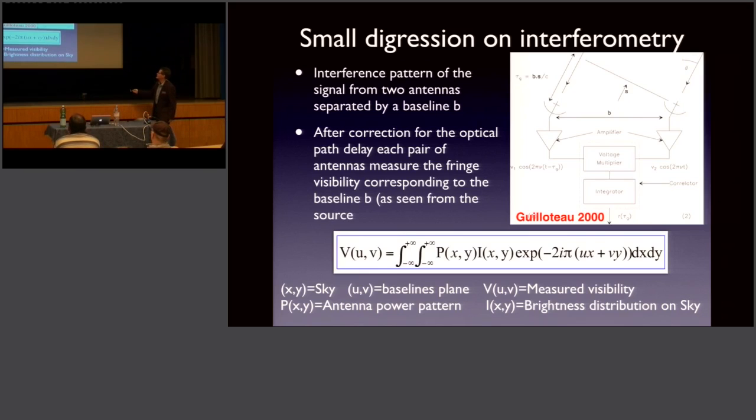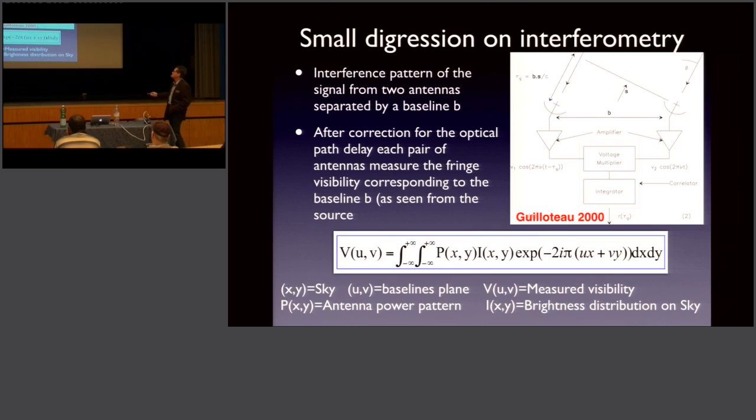And the visibility on the baseline space depends on the intensity on the sky, multiplied by this annoying factor, which is the response of your antenna, times this factor. If you remember your basic mathematics, this is a Fourier transform.